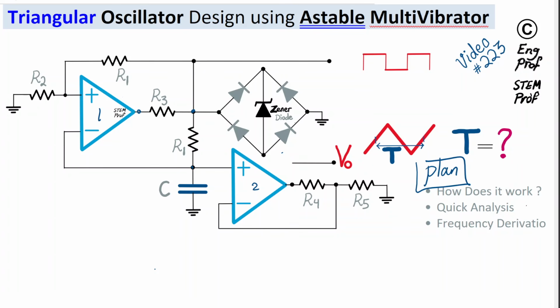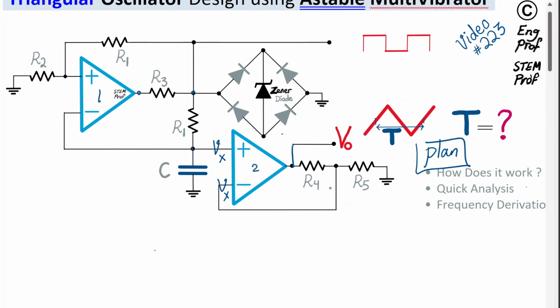And with that said, we have this second op-amp configured here in the circuit as just a non-inverting amplifier. It's clear that if we have a Vx voltage here, this op-amp having a negative feedback will have also in steady state Vx voltage on the negative terminal because of the virtual short of the input terminals of the op-amp.